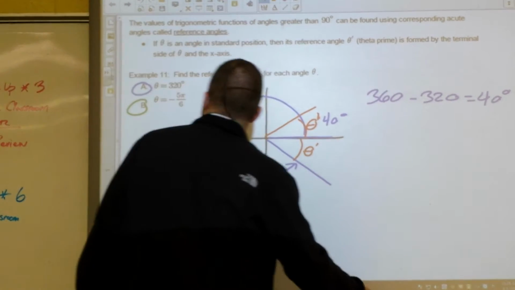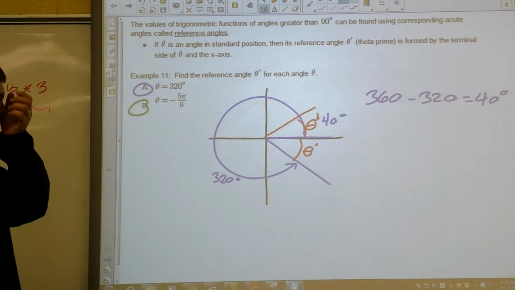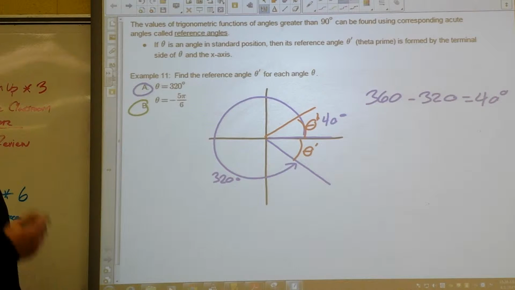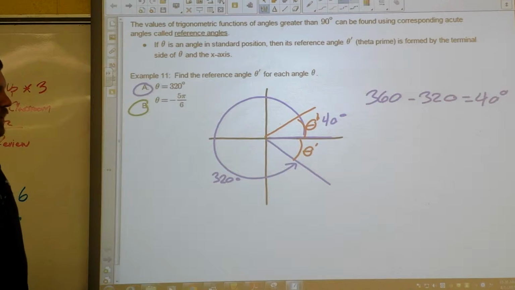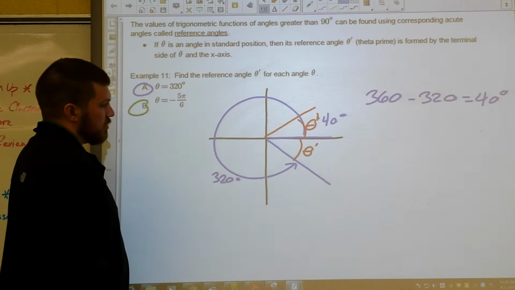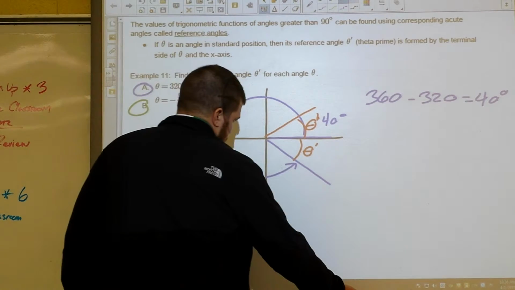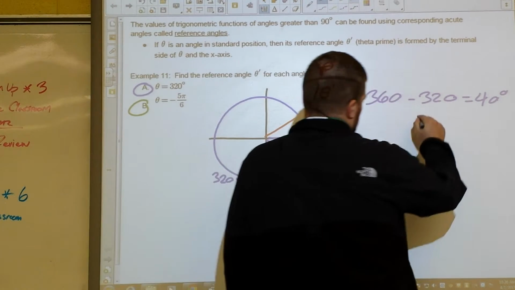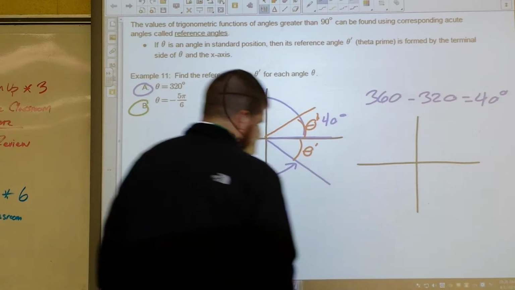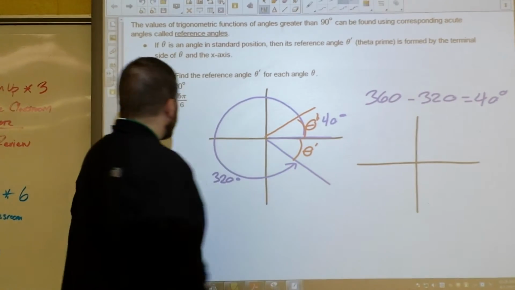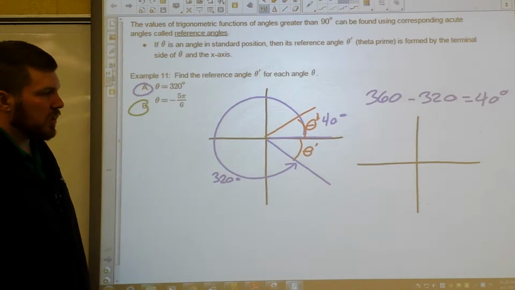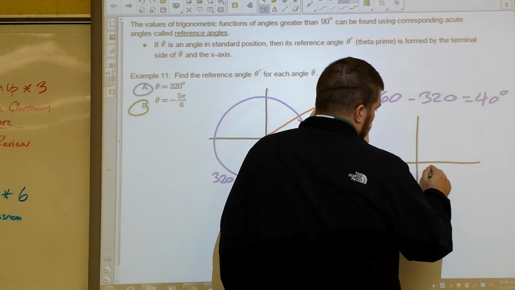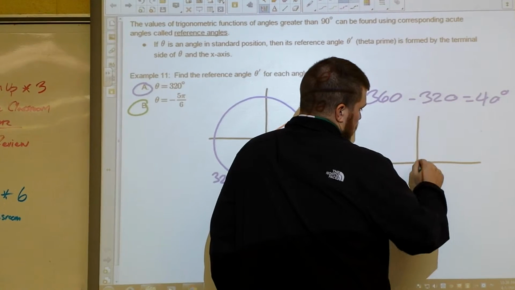Now let's do part B in green. We're in radians, okay? So first off, to figure out radians, we're going to have to cut our circle into pieces. Whatever our denominator is, the bottom side, that's what we're going to cut our circle into. So I'm going to cut my circle into sixes. I'm actually going to draw a new sketch, just so I have plenty of room to work with. So this is for part B. Also it's negative radians, so I'm going clockwise.